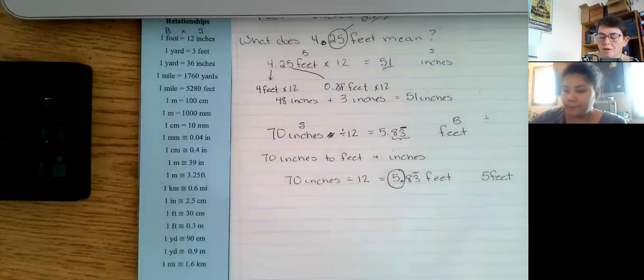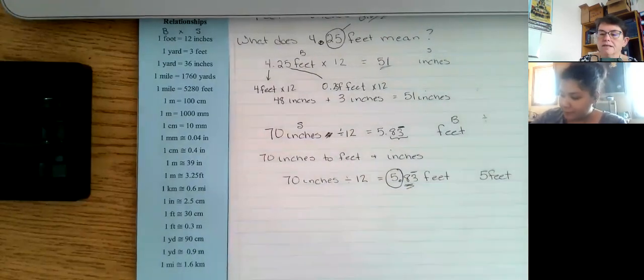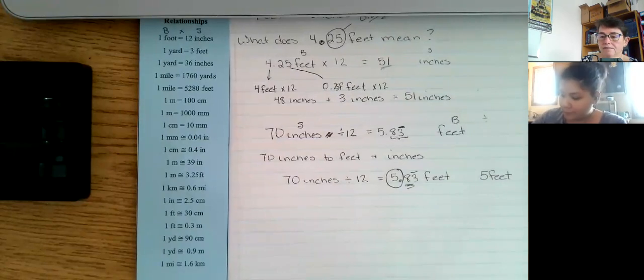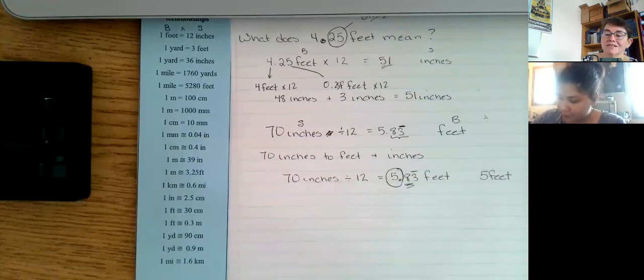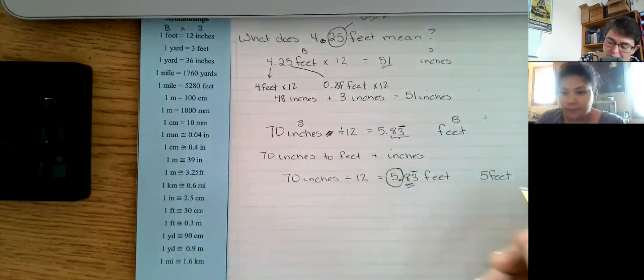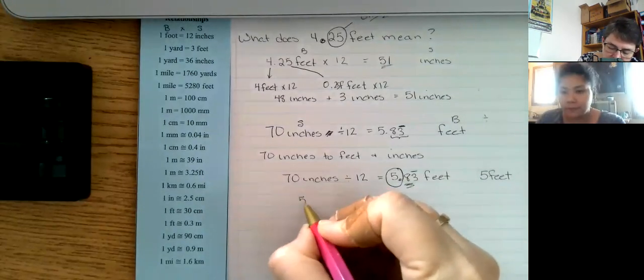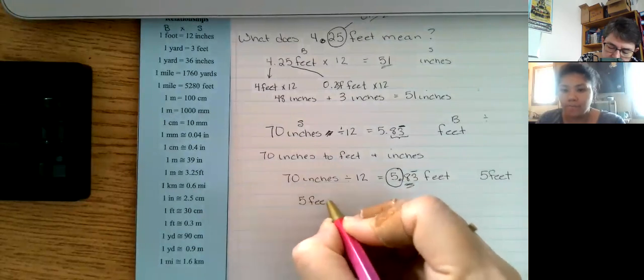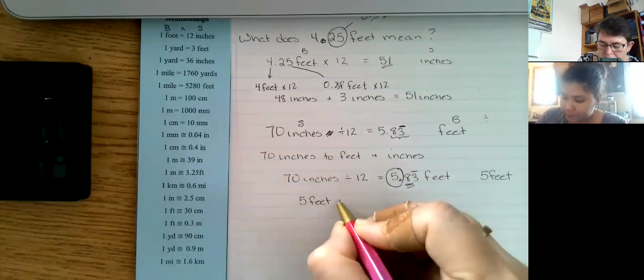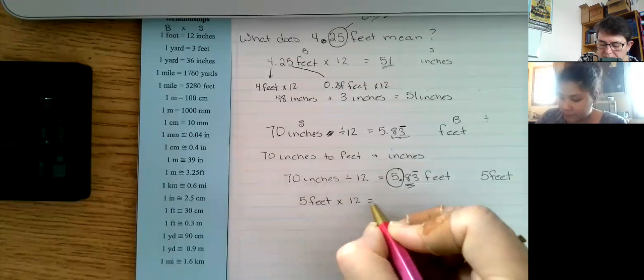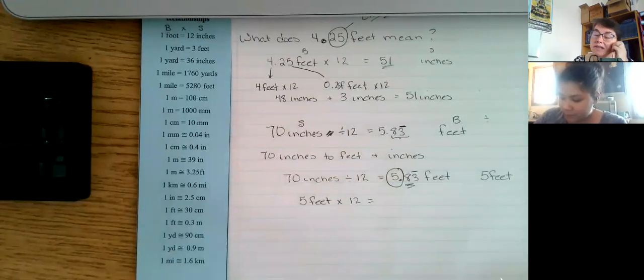We know that much, but we don't know what this is in inches. So one way to solve this, I'll emphasize not the way I use, but it's simple and it makes sense, is then you go 5 feet, and we're going to multiply by 12, because I want to convert that into inches and see how many leftovers we have.